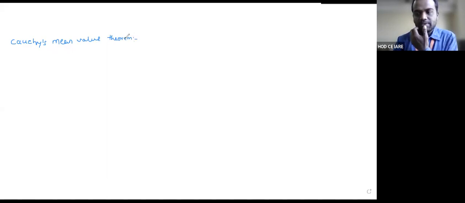Previously you learned Rolle's and Lagrange's theorems, where we only discussed single functions. But in Cauchy's mean value theorem we discuss two different functions.